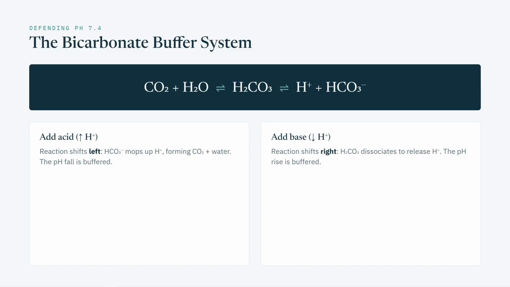Bicarbonate soaks up the hydrogen to form CO2 and water, and the pH drop is blunted. Add base, and it shifts right, releasing hydrogen to push pH back down. The genius of this particular buffer is that both ends are under physiological control. The CO2 end is managed by your lungs and the bicarbonate end by your kidneys, which sets up the final idea.